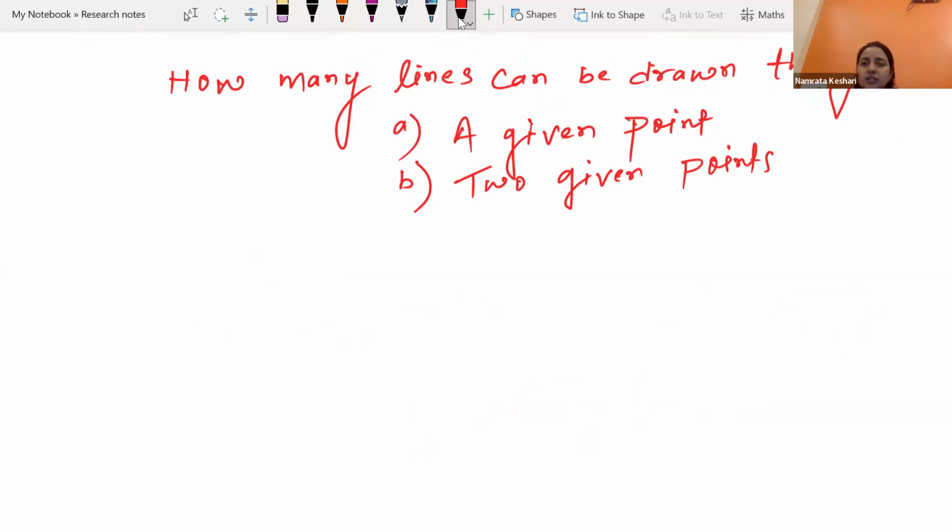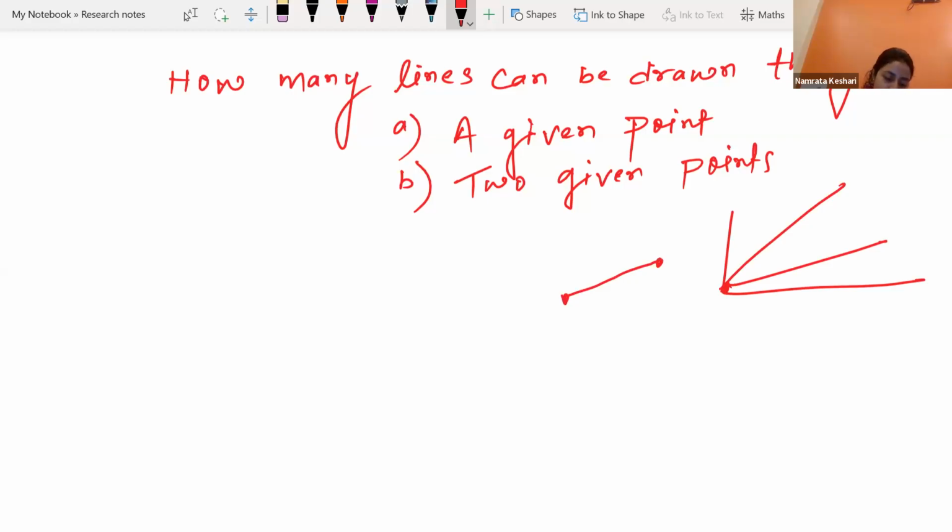Irshad, you were saying something? Ma'am, A is infinite and B is 1. Yes. How many lines can be drawn through a given point? Through a given point, we can draw infinitely many straight lines. Through two given points, there is one and only one line we can draw. Right? Yes, ma'am.